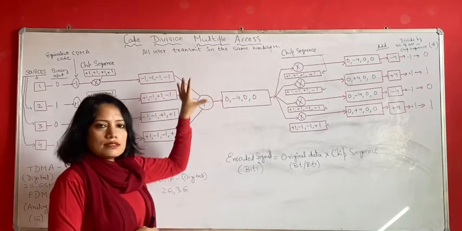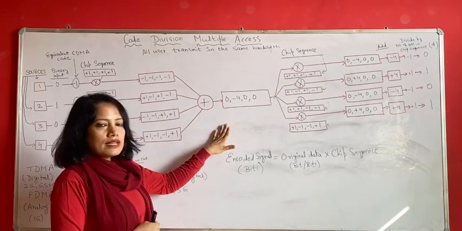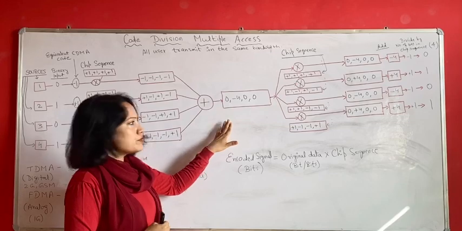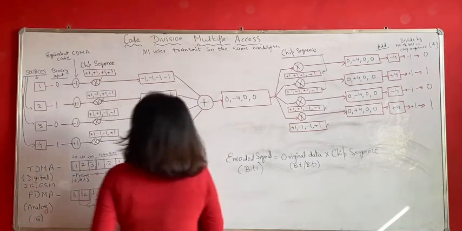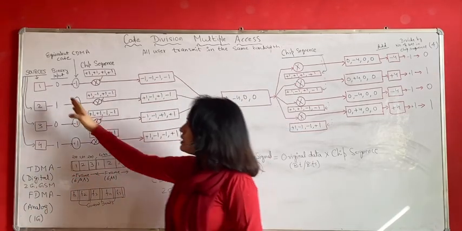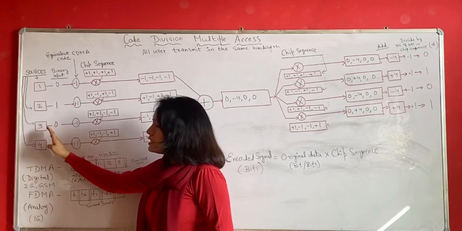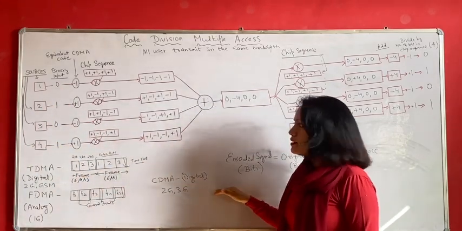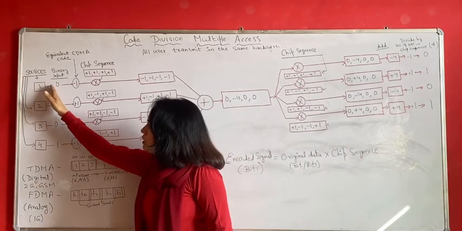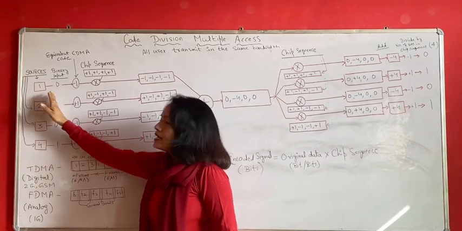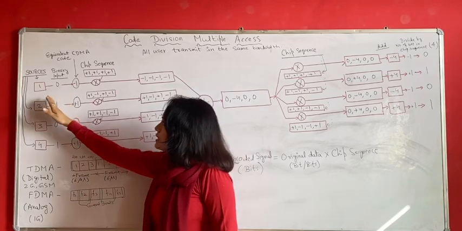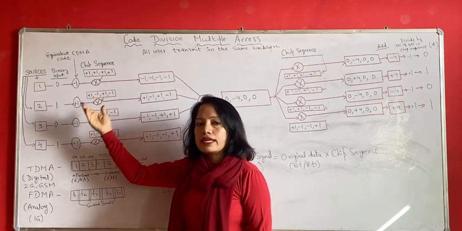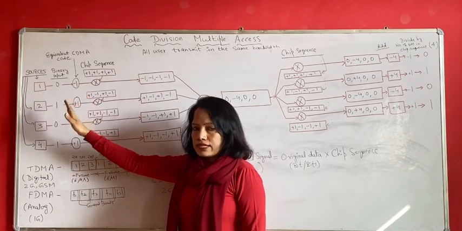Now here there is an example that I have written over here, and from this it will become more clear to you. As you can see, there are a total of 4 different sources. As I told you, CDMA is digital in nature, so all the 4 sources are trying to send their data, and the data is in the form of binary. So bits are getting transmitted.